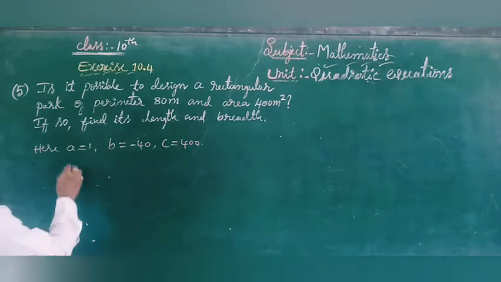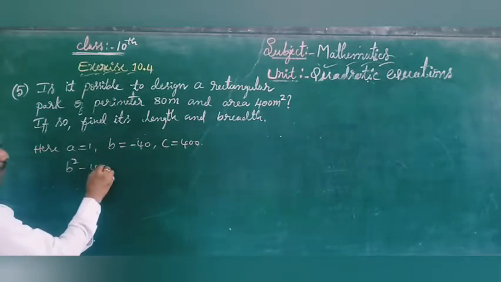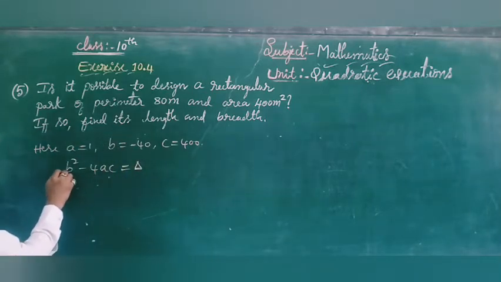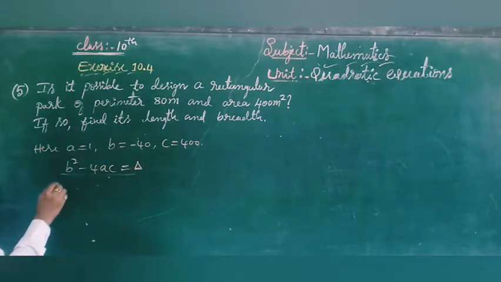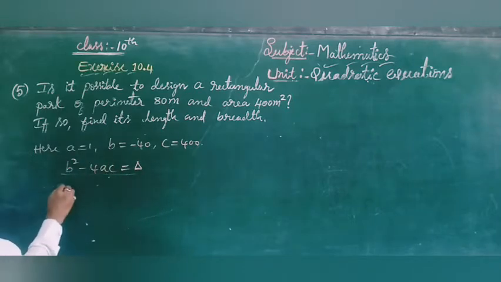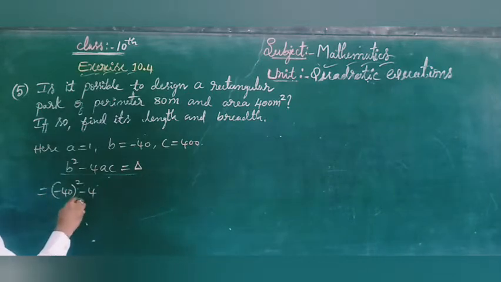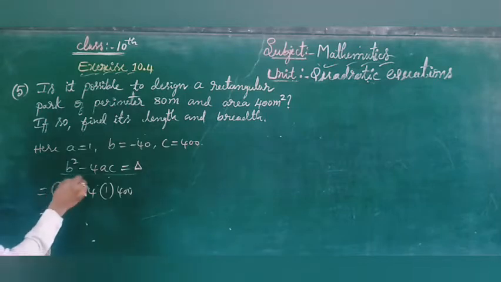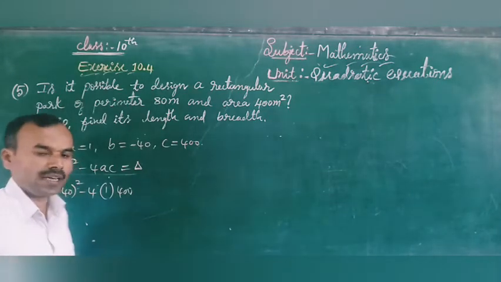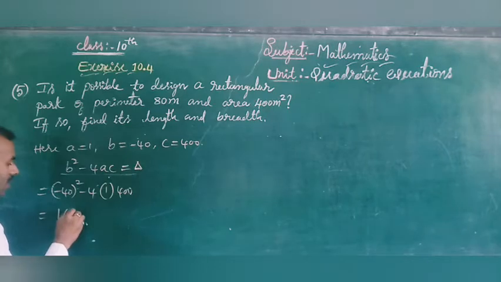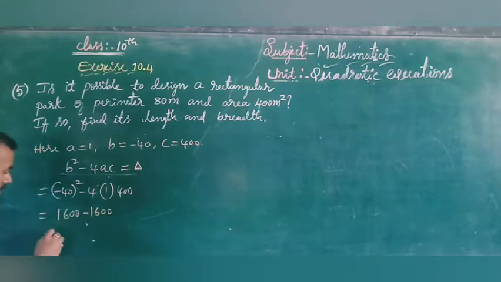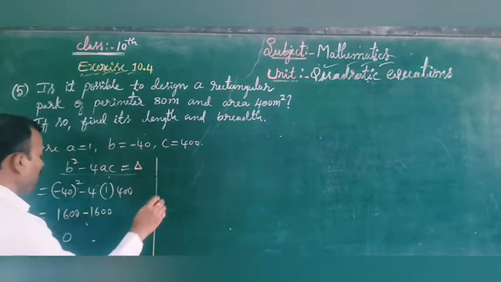Now consider b square minus 4ac equals delta. Here this is the discriminant. Put the values in b square minus 4ac: minus 40 whole square minus 4 into a value is 1 and c is 400. Minus 40 whole square is 1600, minus 4 into 400, 1600, equal to 0.